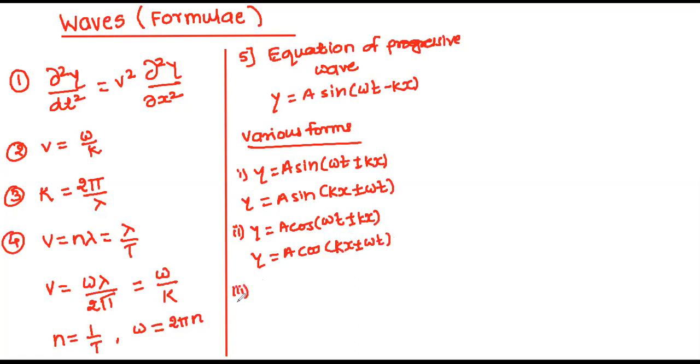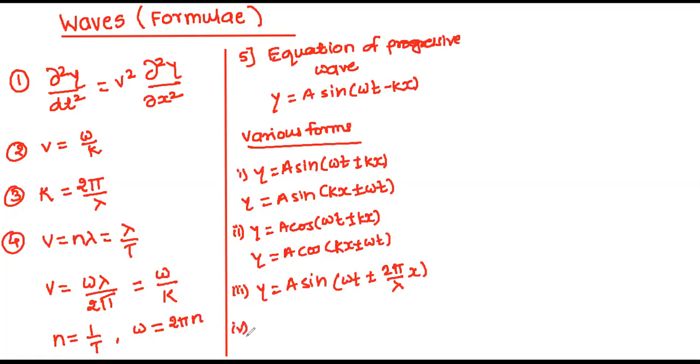Third formula, y is equal to a sine omega t plus or minus 2 pi by lambda into x, as k is replaced with 2 pi by lambda.